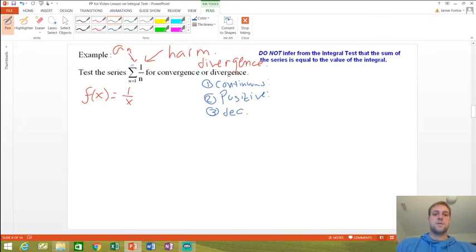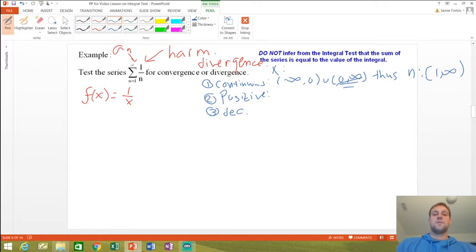Like continuous: it's a rational function, so it's continuous from negative infinity to 0 and 0 to infinity, and that's talking about x. If that's the case, then the sequence would also be continuous on that same interval. So I'll say therefore n is continuous, and the interval that I care about for n is from 1 to infinity, and that's a part of my continuous interval. So I know that n is continuous from 1 to infinity. That's good there.